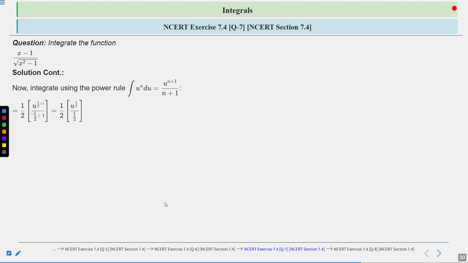So we can write it equal to 1 by 2 u to the power minus 1 by 2 plus 1 upon minus 1 by 2 plus 1, right?